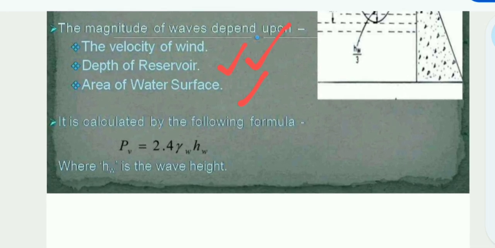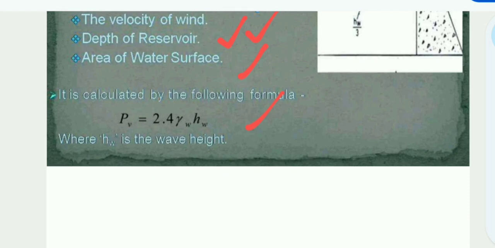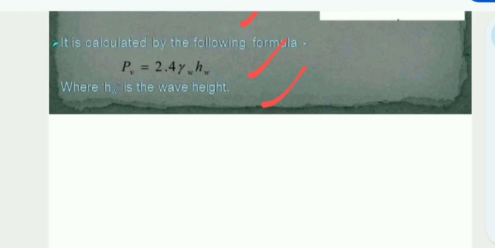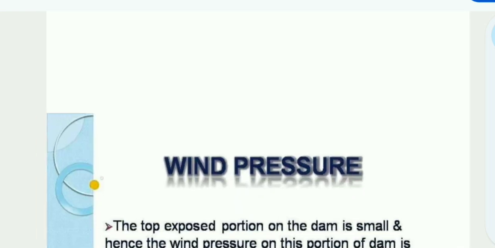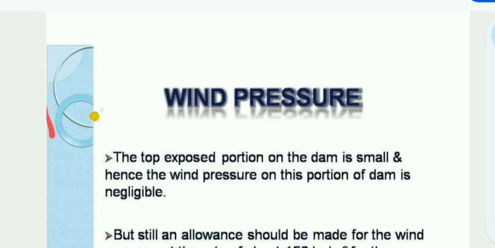It is calculated by the following formula: P equal to 2 into 4 gamma W into HW, where HW is the wave height.